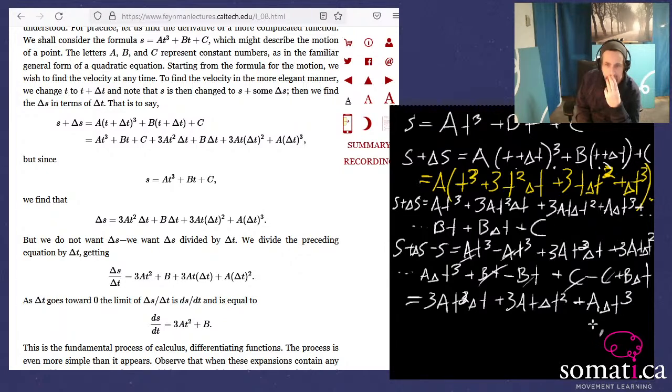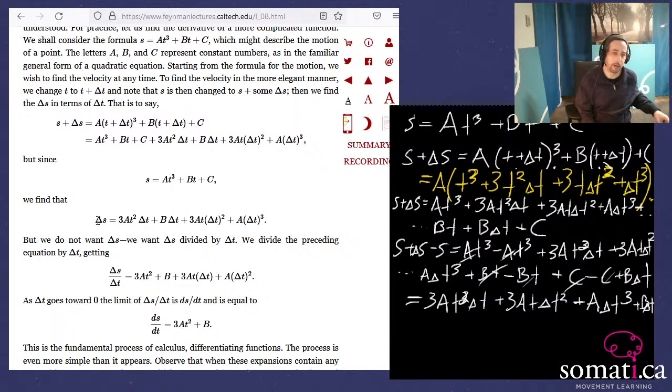That one didn't cancel either. Or did the B delta T? 1, 2, 3, so 4 terms left: 3AT squared delta T plus B delta T plus 3AT delta T squared plus A delta T cubed. Good.